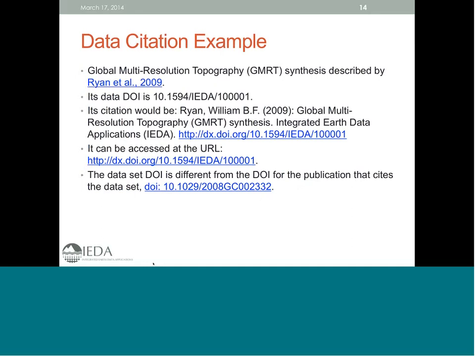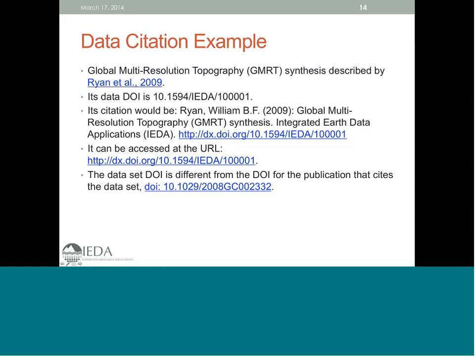So the data set is identified by a DOI here under the second bullet, 10.159/AIDA/10000001. This DOI is cited in the actual article that has, as you see here, a different DOI. That's the article. The article here is a G-Cubed paper.